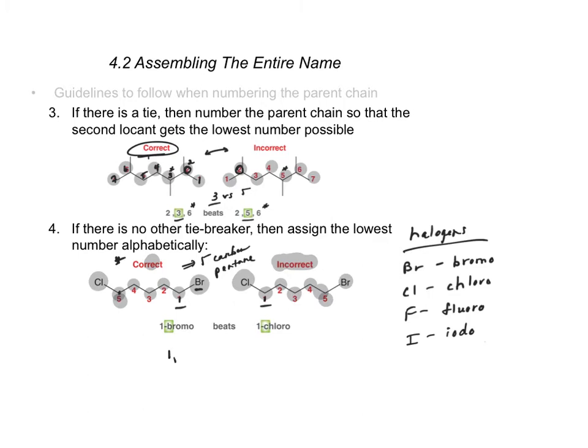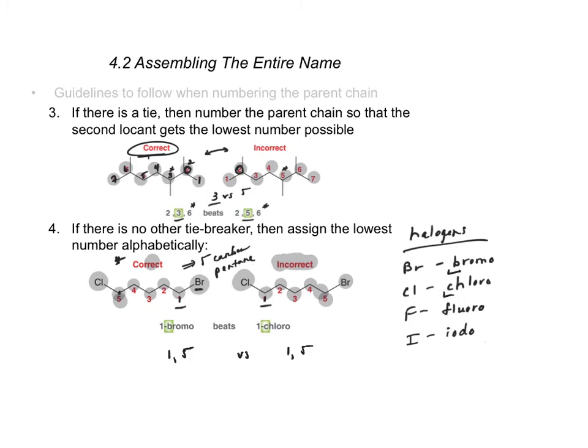So right now, it's 1, 5 versus 1, 5. So we still have a tie for both of our substituents. Now the thing that's going to break that tie is that we give the substituent that comes first in the alphabet the lowest number. So bromo is first in the alphabet before chloro.